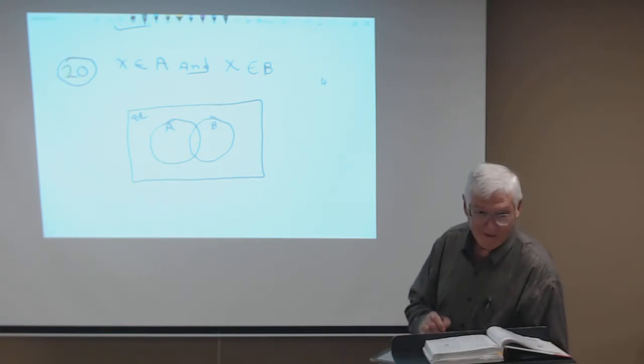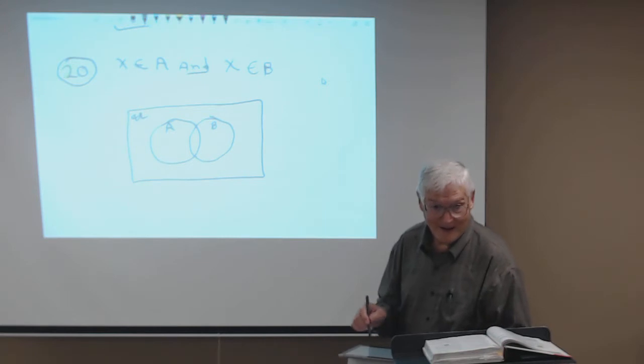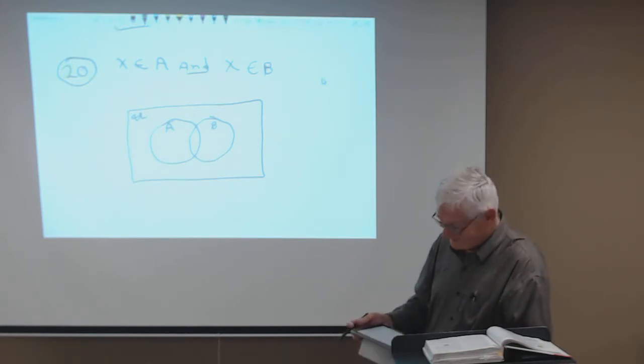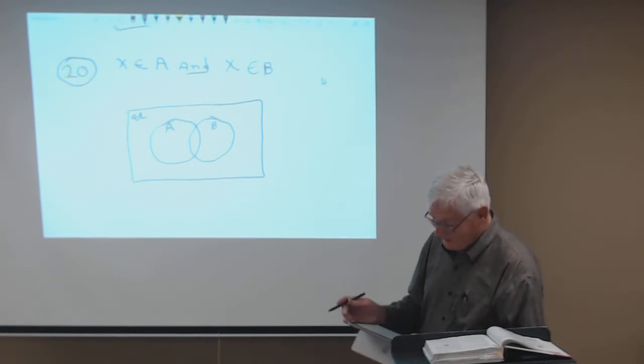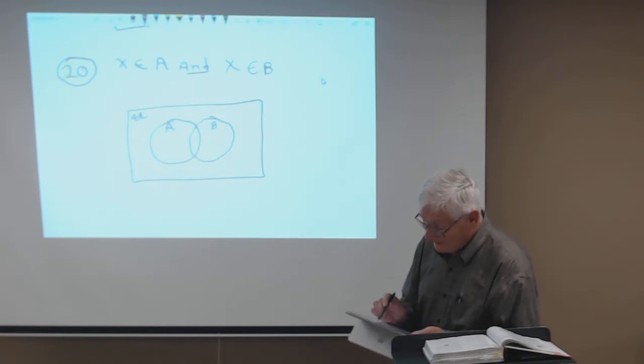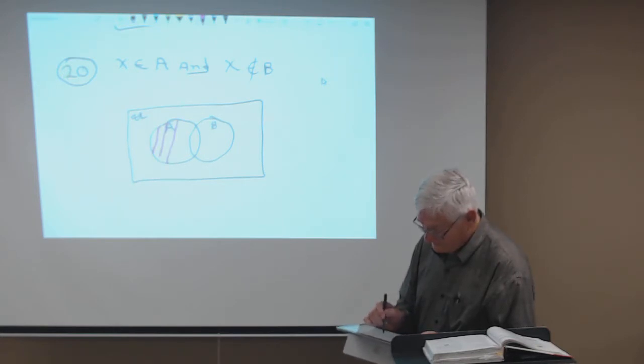Cross out that. Good. So, to make X an element of A, that would be all of this, agreed?